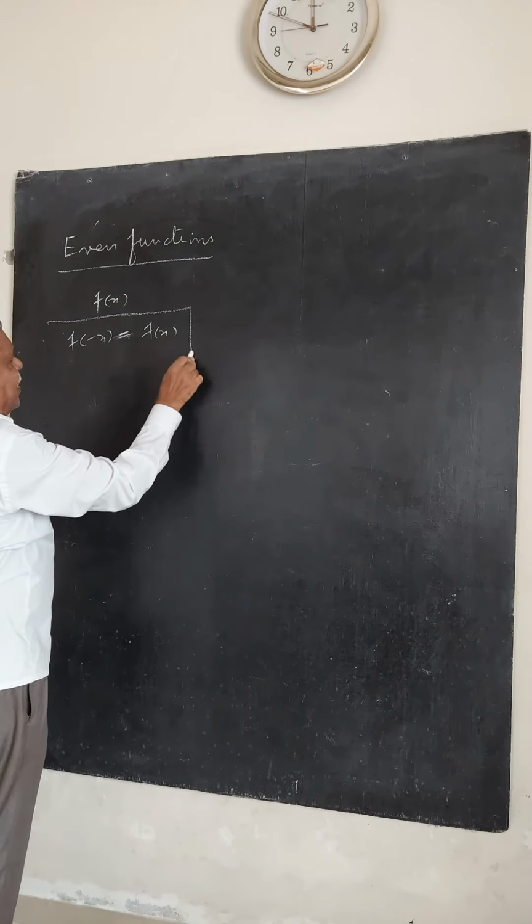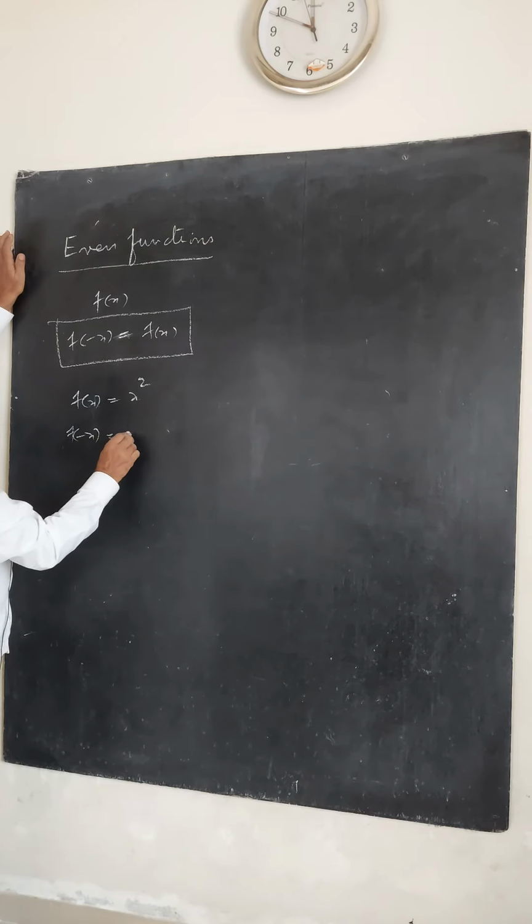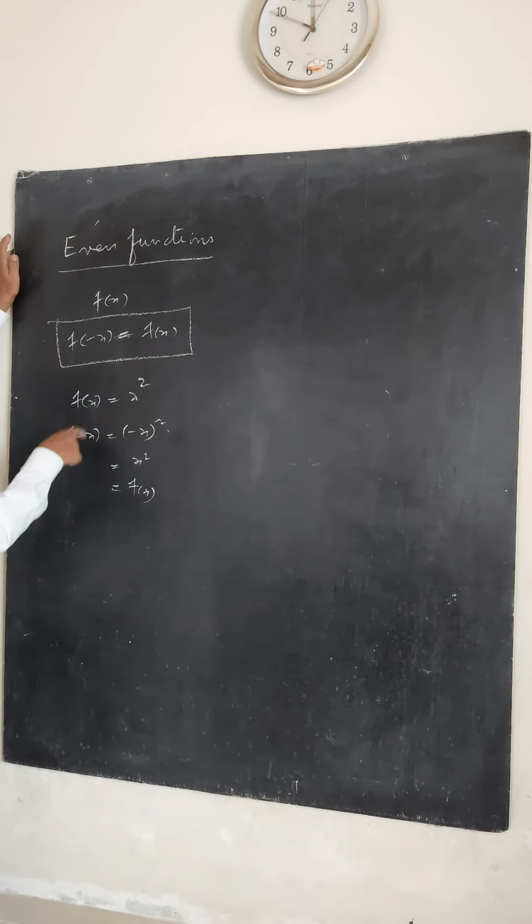This type of function is called an even function. Let us see some examples. f of x equal to x square. f of minus x equal to minus x whole square. Negative twice is positive, therefore x square. x squared is f of x. f of minus x is just f of x.